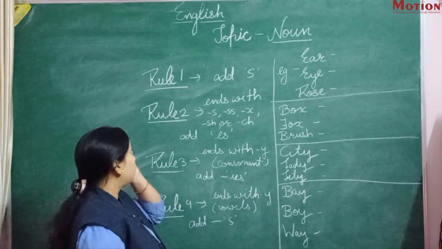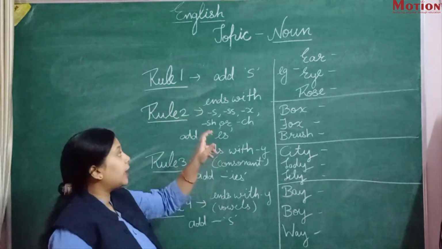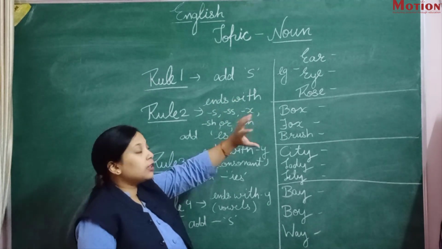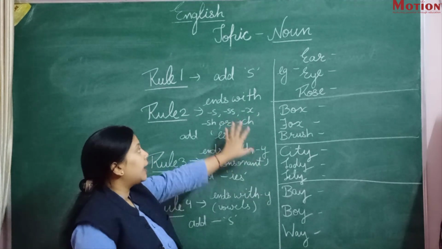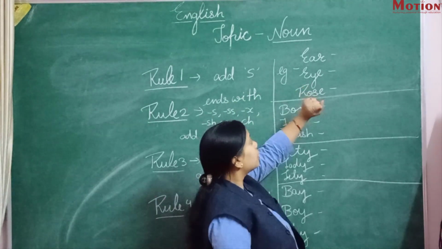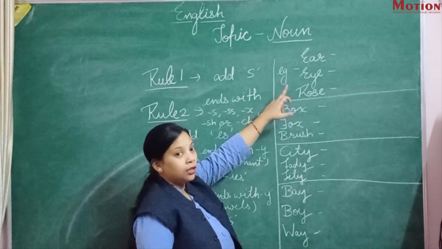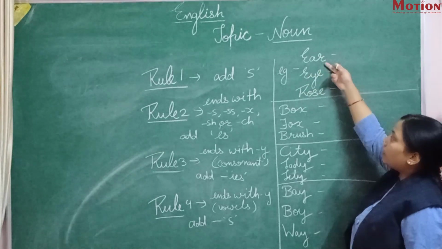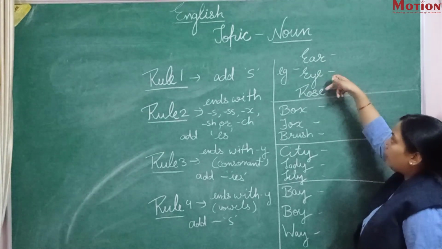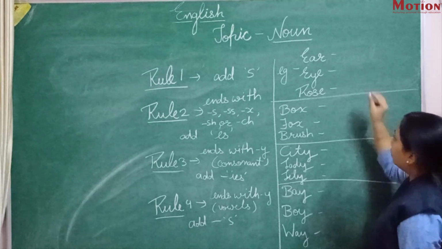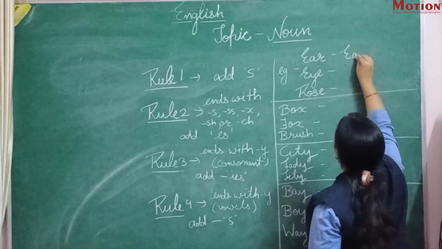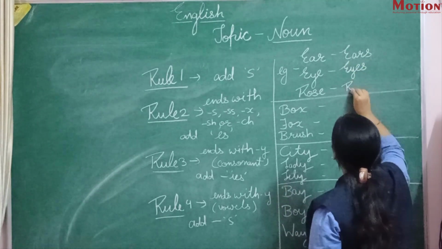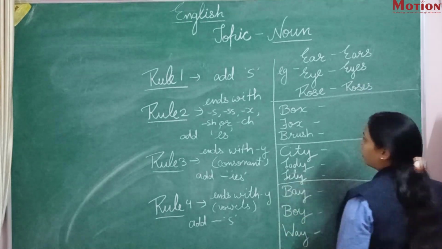So first rule: if any noun is just an ordinary word with no extra rule, we use s after the word, like ear, which becomes ears. If the word ends with r, i, e or similar, there is no special rule, so we use s, like ears, eyes, roses.